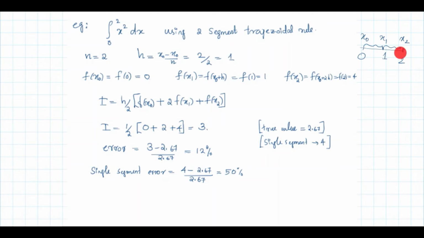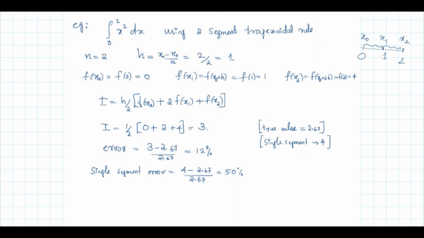Once you have h, you have to write this total interval 0 to 2 with the gap of h. So you have 0, 1, 2. Denote these 3 points x0, x1, x2. Equation is I equal to h by 2 into f of x0 plus the center point, it will come twice, 2 f of x1 plus f of x2.